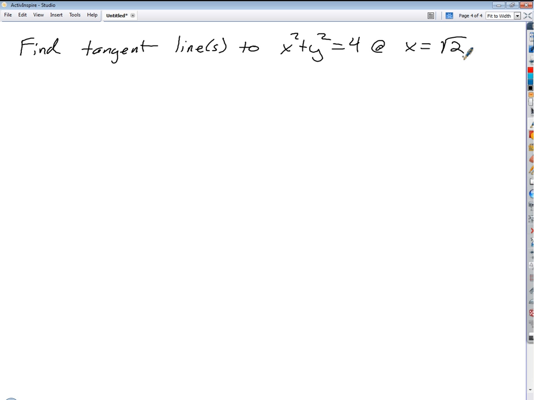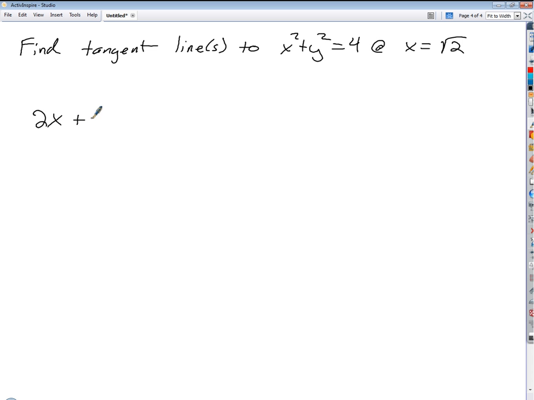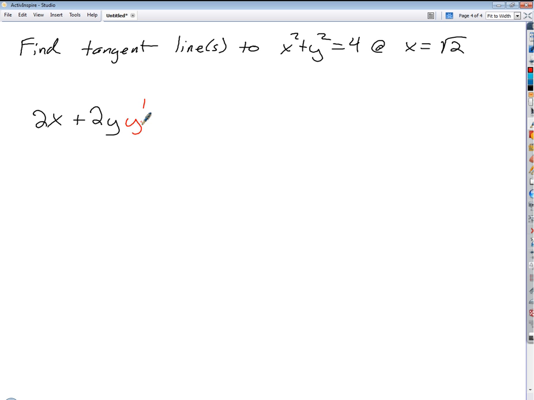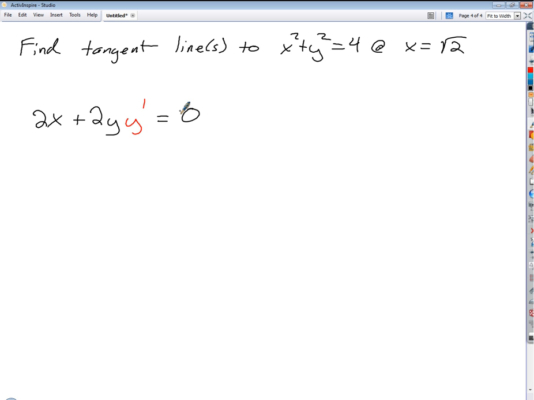So if we implicitly differentiate, what are we going to get here? 2x plus 2y y prime equals 0. Everybody see that? Because we're differentiating everything with respect to x, right? So now if we solve for y prime, couldn't I just divide both sides by 2 and get rid of those?